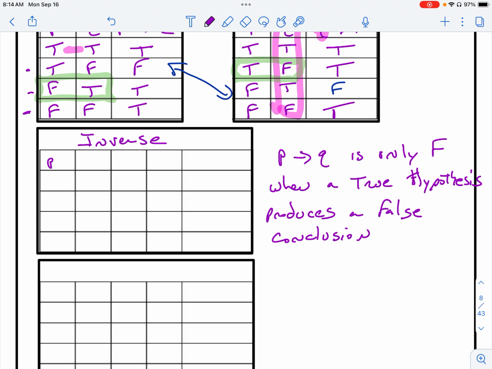The inverse, we're going to do P, we're going to do Q, then we're going to do not P and not Q, and then we're going to compare not P to not Q. So we get the same initial outcomes as before. Then for not P, we're just going to take the opposite of P. So everywhere P is true, we're going to put false, and everywhere P is false, we're going to put true.